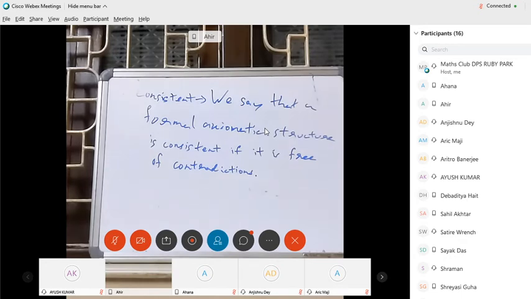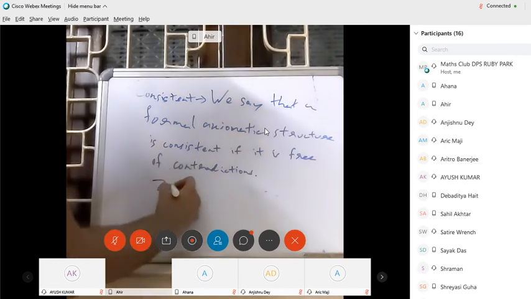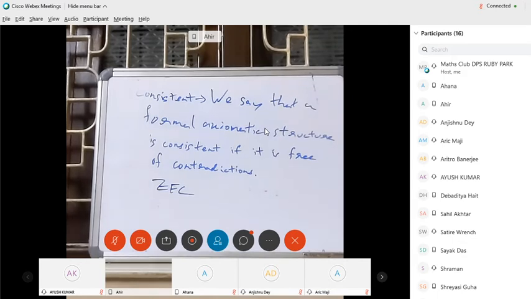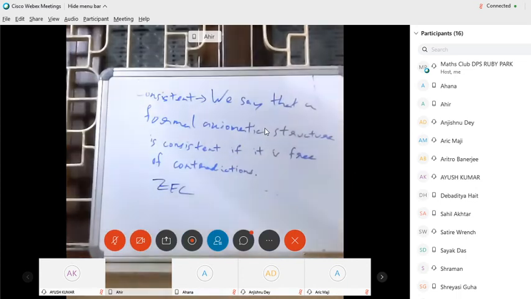So basically, ZFC is the set theory which we generally use. ZFC is consistent and it is based on certain axioms. I think there are 9 axioms: the axiom of extensionality, the axiom of regularity, the schema of specification, the well-ordering principle, the axiom of infinity, power set, and so on.